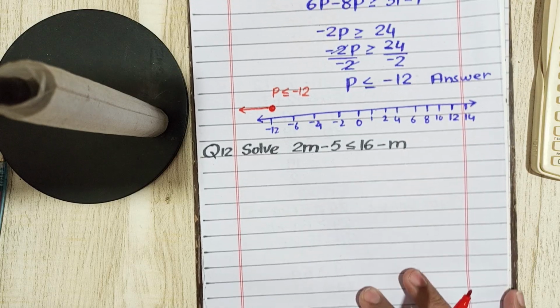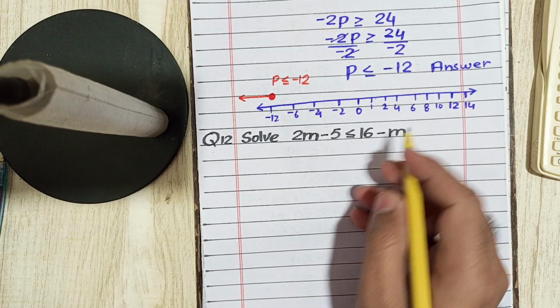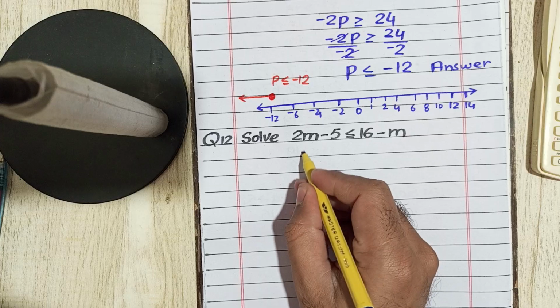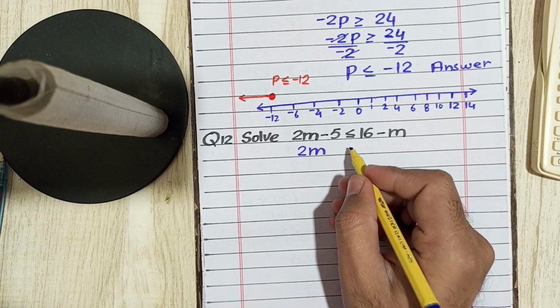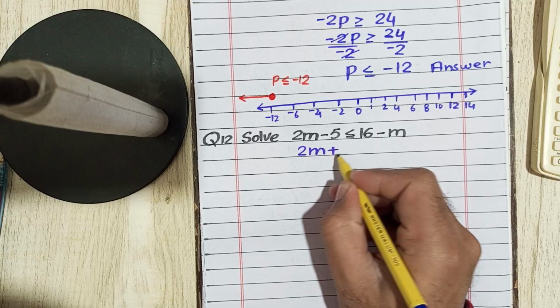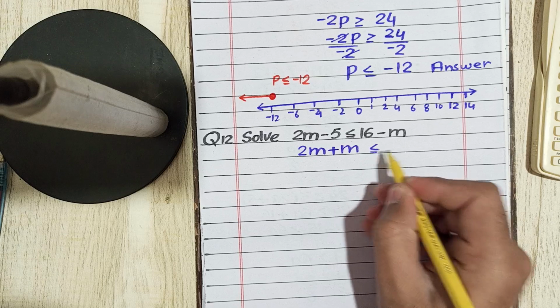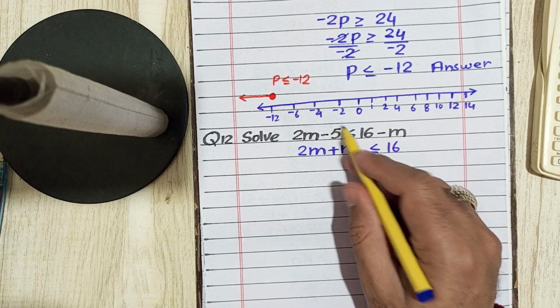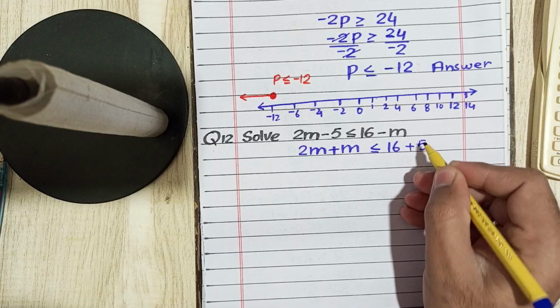Now our next question, 12. In question 12 we have 2m minus 5 less than or equal to 16 minus m. So here we have 2m. Now we shift this negative m here, so we have plus m less than or equal to 16. Now we shift this minus 5 here, so here we have plus 5.